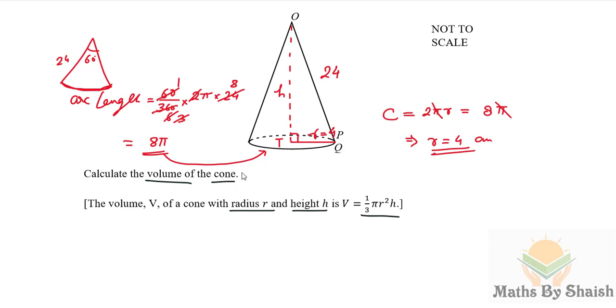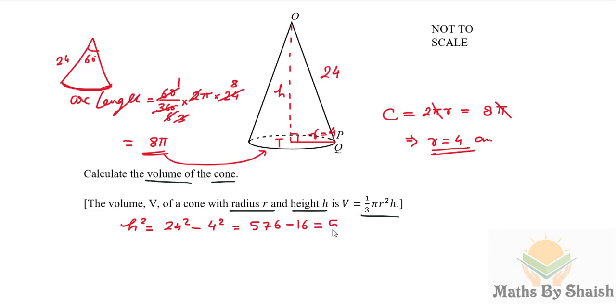So by Pythagoras theorem, we get h square equals 24 square minus 4 square, hypotenuse square minus square of the other side. 24 square is 576 minus 4 square, 16, so minus 16 is 560.